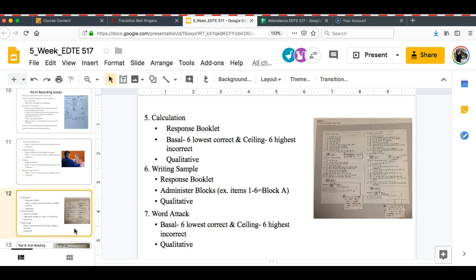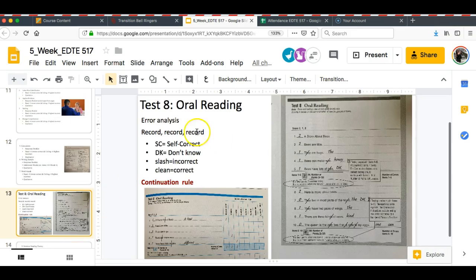We started out with test 8, and we learned about the continuation rule. That was if in story 1 and story 2 they scored a certain amount, then you continue, or you go back, or you discontinue if they finish all of those. So just remember those types of things, and this is the types of errors that they had.